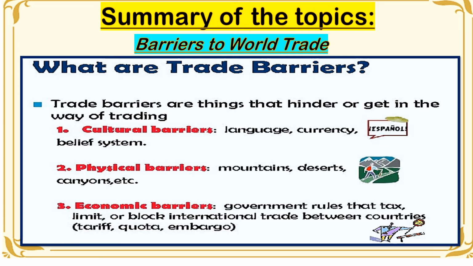It also talks about physical barriers like mountains, deserts, and canyons, because it is difficult for the product to be transported. And the last one, economic barriers: government rules, taxes that limit or block international trade between countries. And these are the three problems that we have discussed: tariff, quota, and embargo.